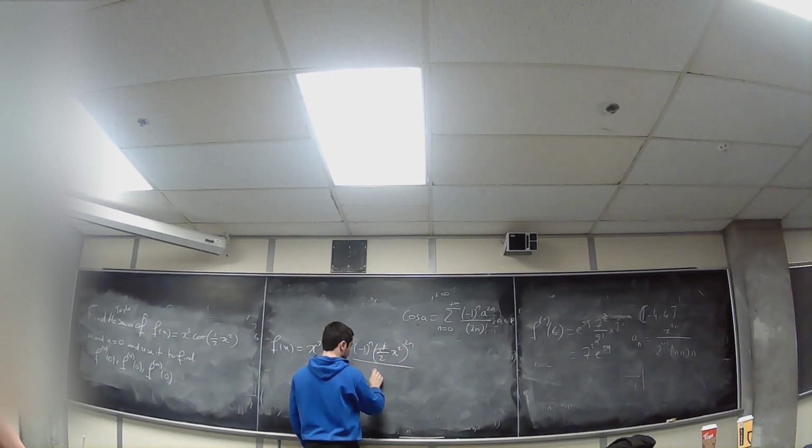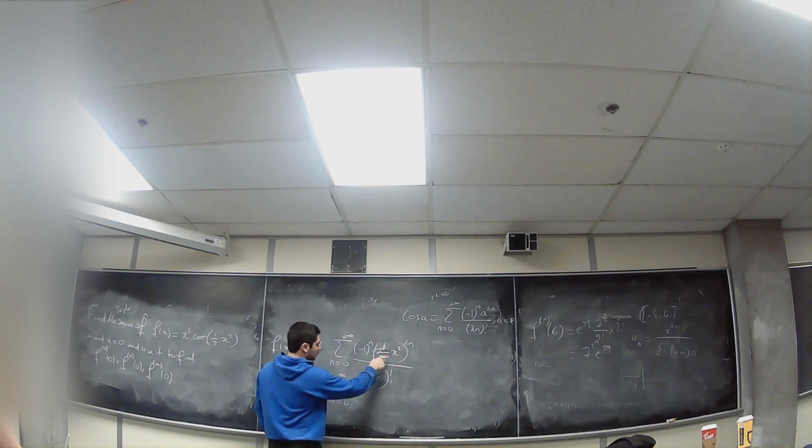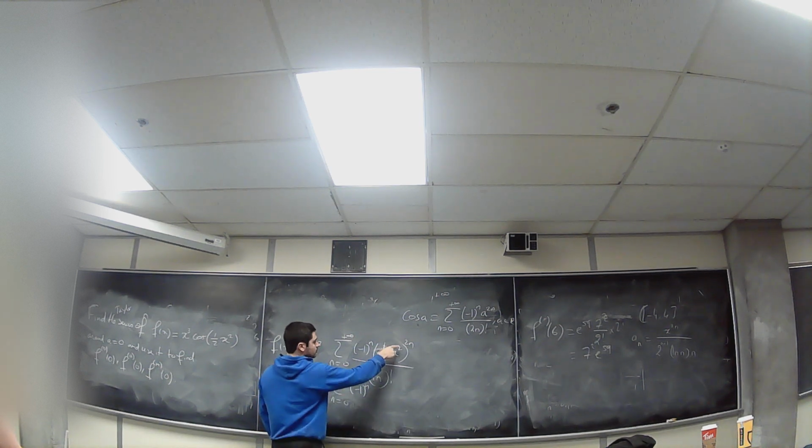Okay, that's nice. Well, maybe not so much, but let's do this. This is x cubed, sum, minus 1 to the n, over 2 to the 2n.